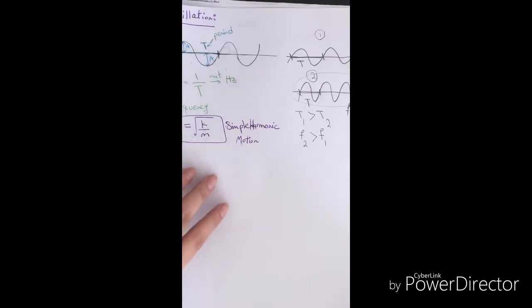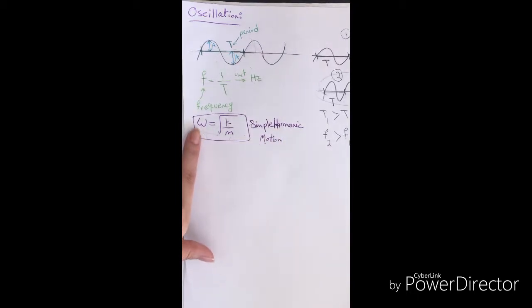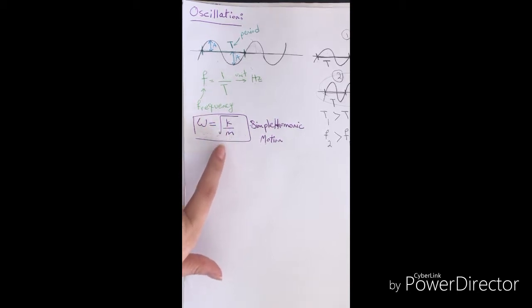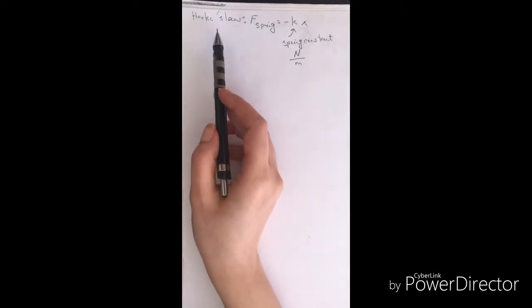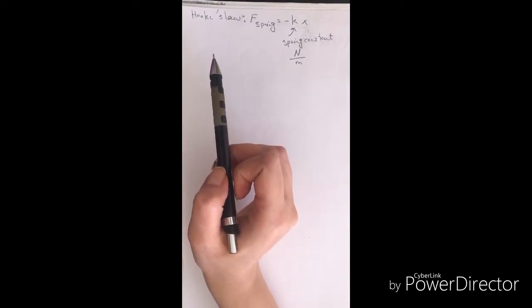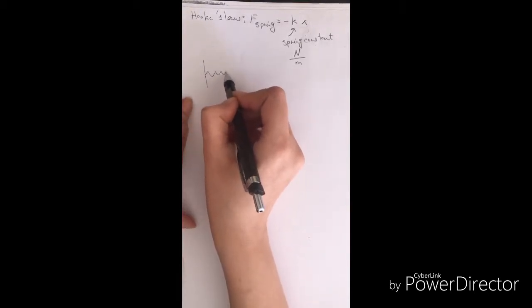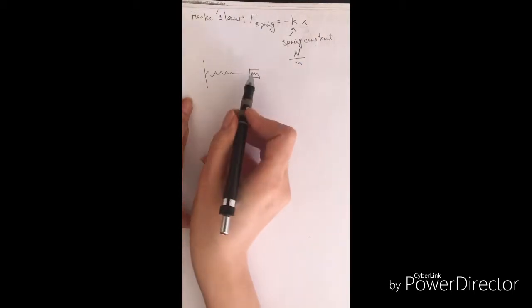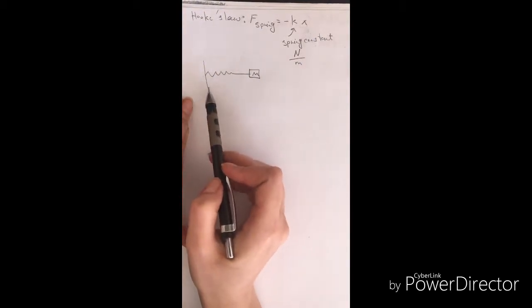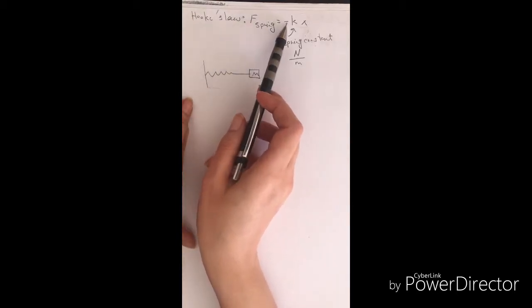Okay, now let's talk about simple harmonic motion, for which we use the angular frequency equals radical k over m. The easiest problem for simple harmonic motion is the mass spring system problem, like a spring with a mass attached to it. In a mass spring system we use Hooke's law, and Hooke's law is the force of the spring equals negative kx.